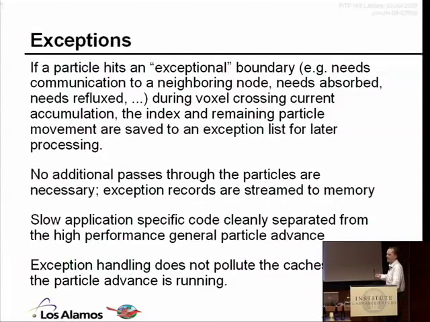You've nicely modularized the high-performance parts of your code, and you can keep this part high-performance in general while maintaining flexibility. Another advantage beyond this modularity is that exception processing doesn't flush out the instruction caches of your processor while the particle advance is running, so it will also save you a little bit on performance there as well.